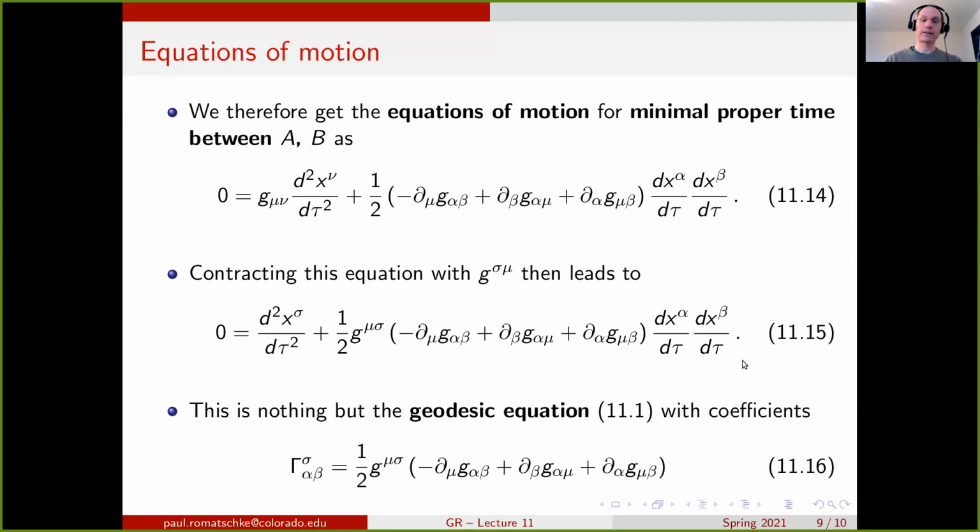Now, of course, this is nothing else but our geodesic equation. This is a second order derivative of the coordinates with respect to proper time, two derivatives of coordinates with respect to proper time, and some coefficient in front. And the coefficient in front, by comparison with the geodesic equation, has to be our funny symbol gamma sigma alpha beta. So basically, we can write these coefficients gamma sigma alpha beta in terms of this combination of the metric and its derivatives.